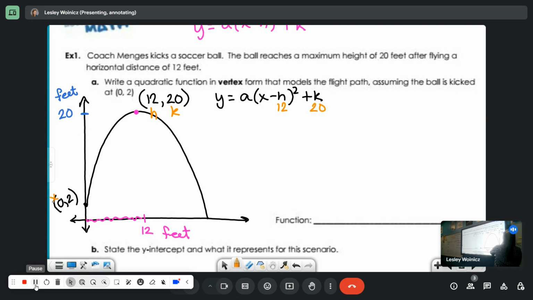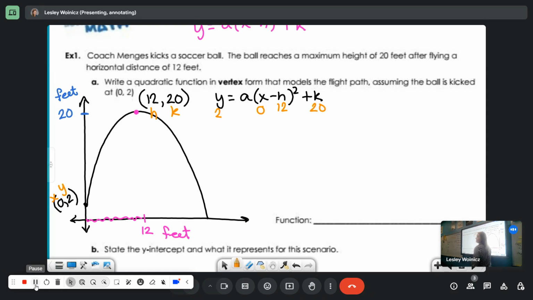So this is the x value and this is the y value. So I can put in the 2 for the y, and then I'm going to put in the 0 for the x. What is the only thing that I don't know? A. So could I put in all of the stuff that I know and then solve for that a value that I don't know? Yep, that's what we're going to do.